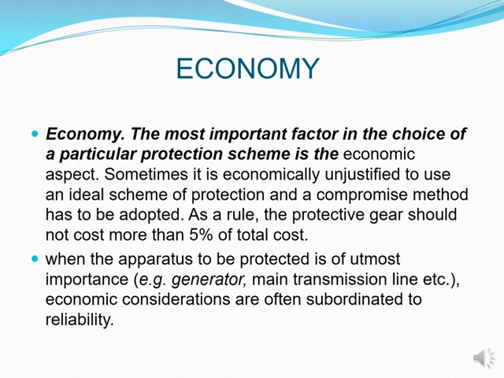So when the apparatus to be protected is of utmost importance, such as your generators at generation or your main transmission line, we sometimes subordinate these economic considerations to reliability. In other words, we might go over the 5% threshold because we want better reliability at that level than you would want at a distribution level.